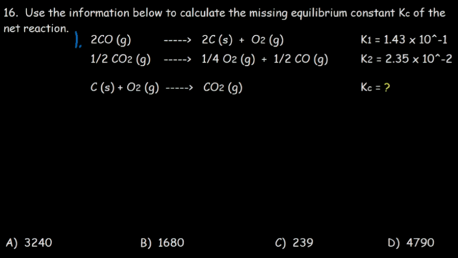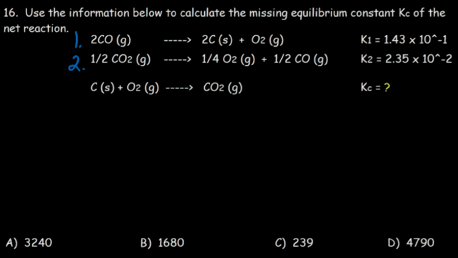Is it CO, C, or O2? You do not want to focus on any reactant or product that is found in both equation 1 and 2. You want to focus on the ones that are only found in equation 1 and not in equation 2. So oxygen is found in both equations 1 and 2, so we don't want to focus on oxygen.